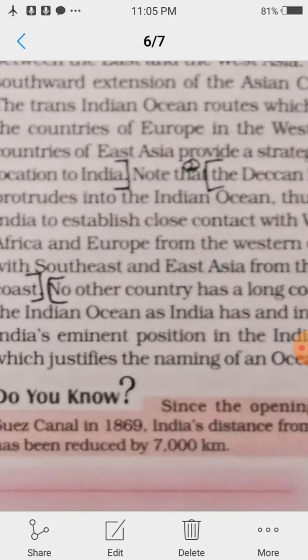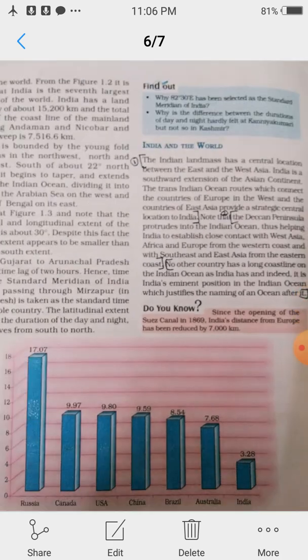I hope you have understood about the Indian landmass: central location between East and West Asia, southward extension of the Asian continent, and coastline.